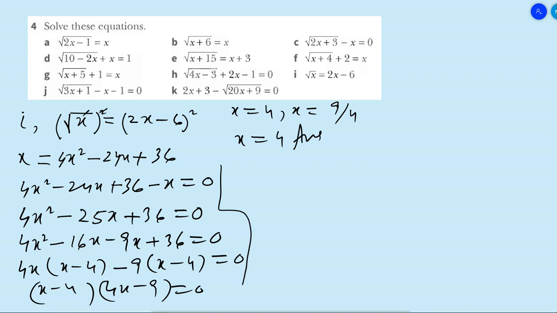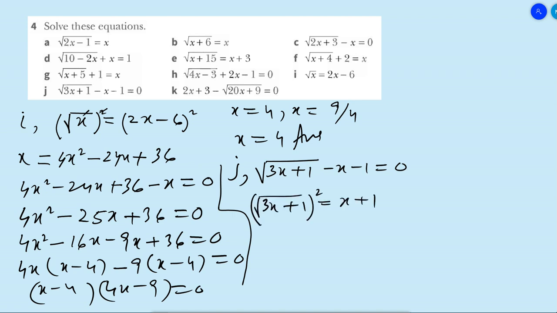Come to part J. Part J is 3x plus 1 root minus x minus 1 is equal to 0. Very easy question. Shift minus x minus 1 to the other side, it will be x plus 1. Taking square on both sides.